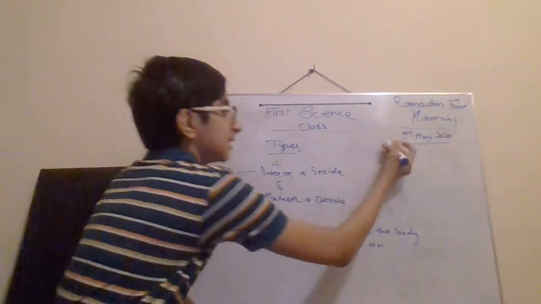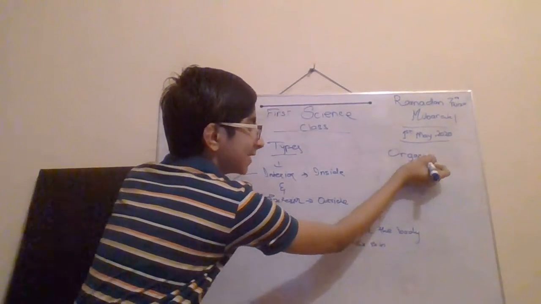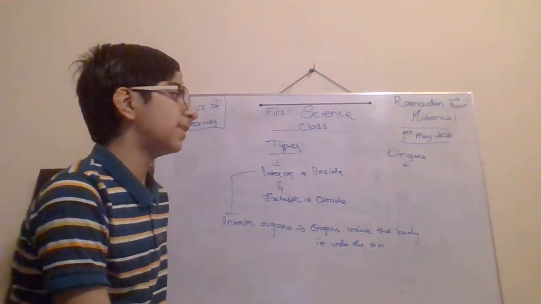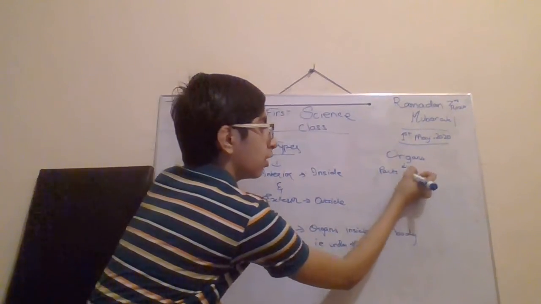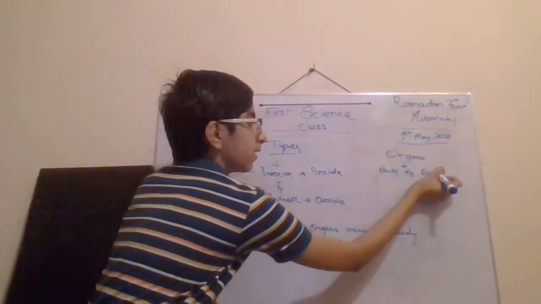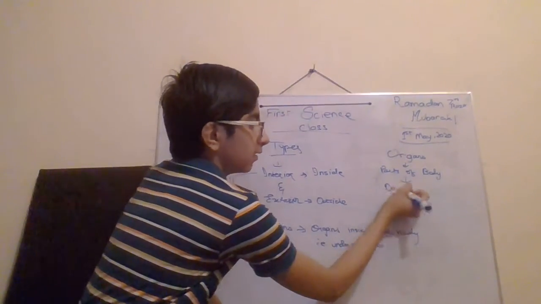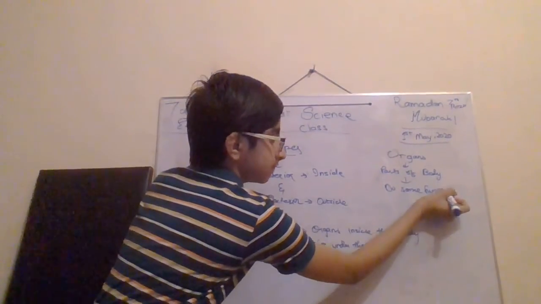Okay, let me first tell you what actually organs are, to understand interior and exterior organs. Basically organs are parts of the body which are used to do some specific function.